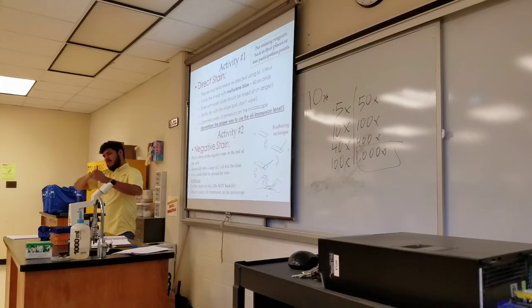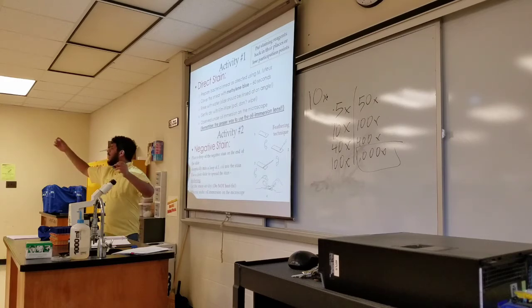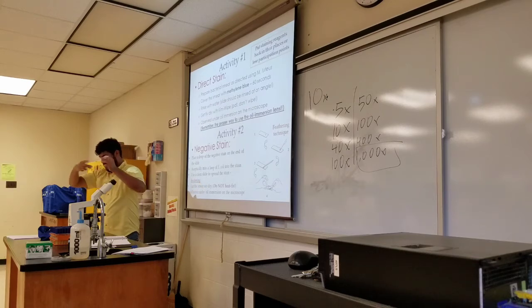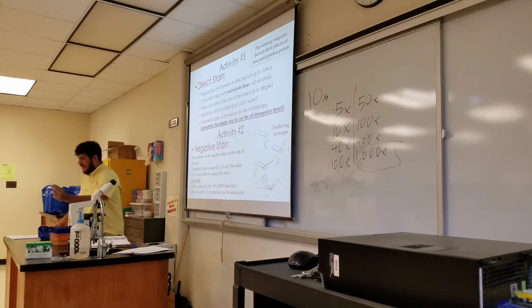When we put the drop of stain at the edge of the microscope slide and transfer the bacteria aseptically, I take another microscope slide, put it at an angle on the outer edge of that drop, and then spread that drop across my microscope slide, and let it air dry.